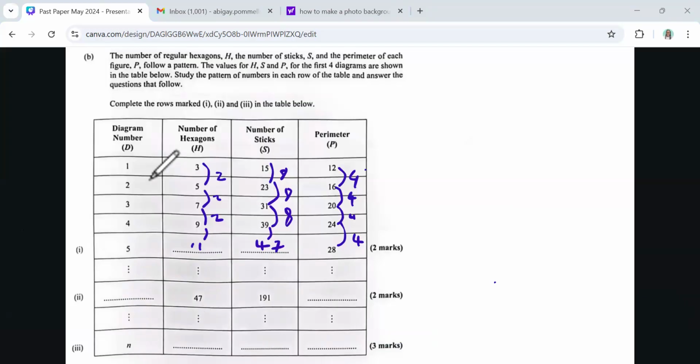So we know that if we say N times 2, so 2 times N plus 1 will give me 3, right? So 2 times 1 is 2, plus 1 will give me 3. That is my first clue right here.